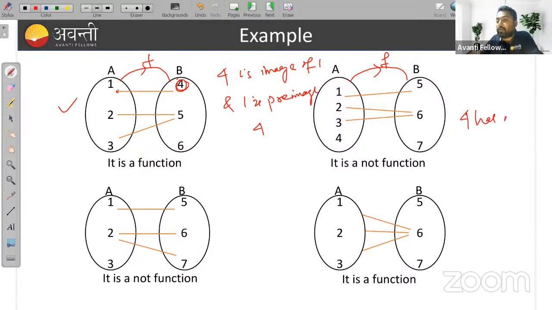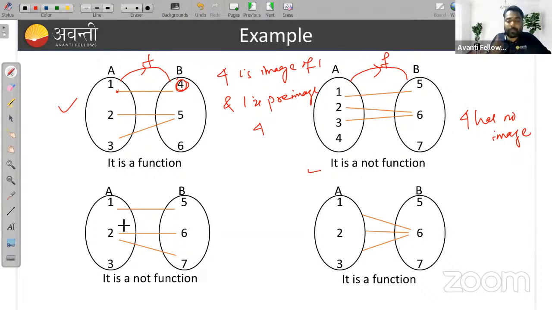So it is not a function. Why is it not a function? Because by our definition, each and every element of set A has only one image in set B. 4 has no image. That's why it is not a function. And I hope it is clear to all of you guys.